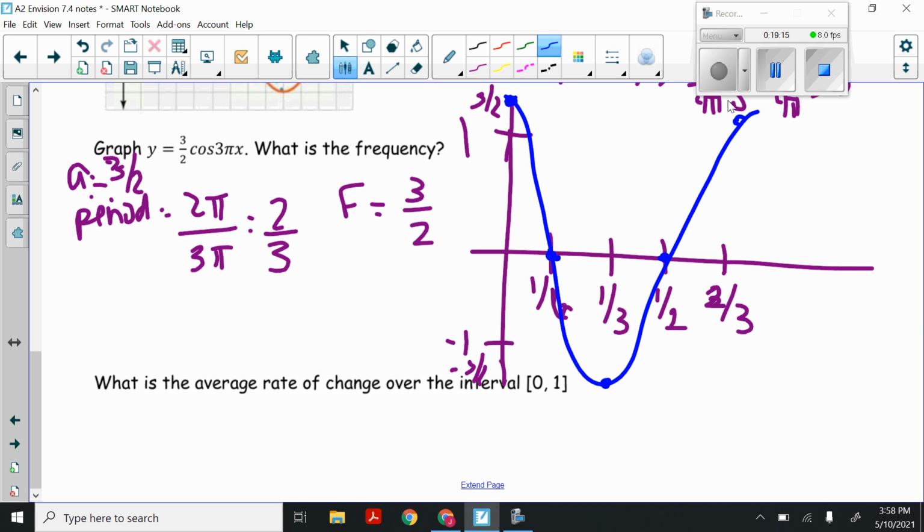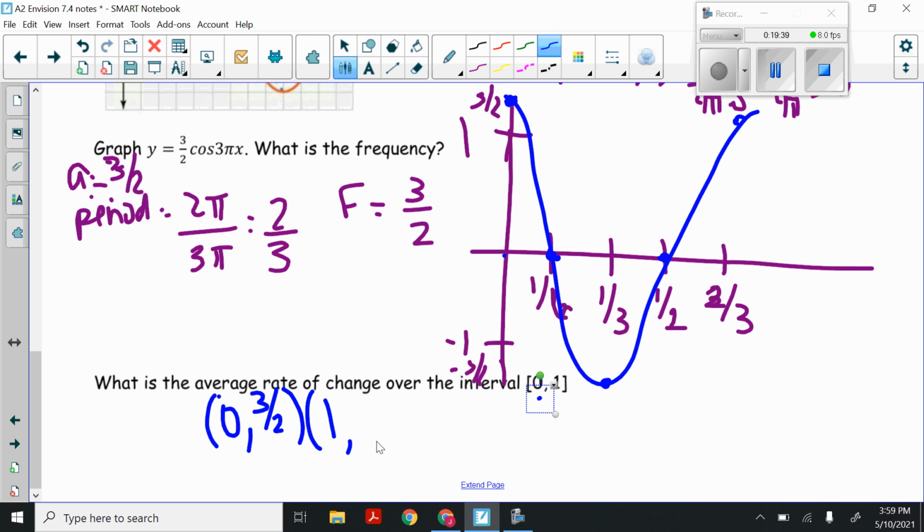So now we're going to find our average rate of change of that graph over the interval 0 to 1. So I need my endpoints. Okay? At 0, my y value is 3/2. So I have the endpoint 0, 3/2. At 1, I don't have 1 on here, but I could continue, right?